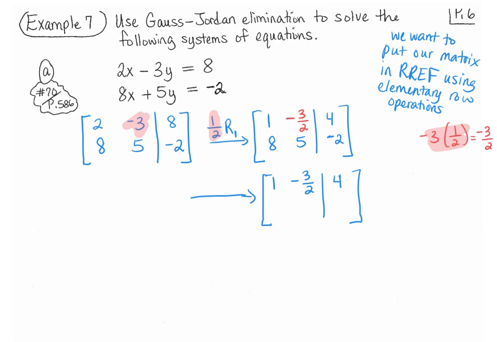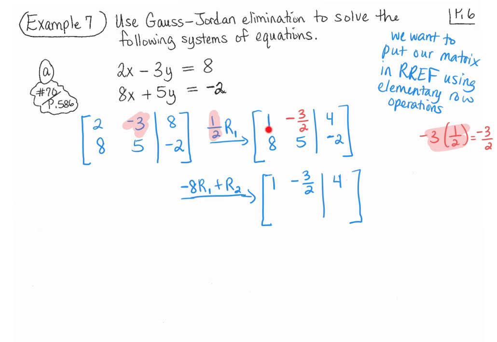But now for row 2, to get row 2 to change into what we want it to be, we're going to say -8 times row 1 plus row 2. That's going to give us a new what? Row 2. So this means we multiply every entry in row 1 by -8. And in the respective column, we add the entry from row 2.